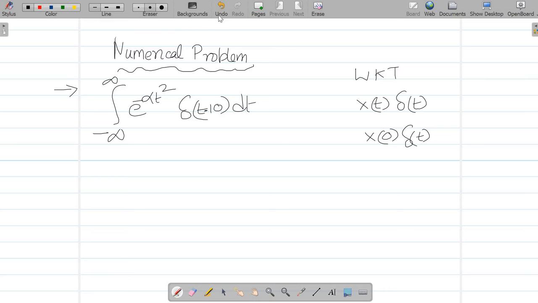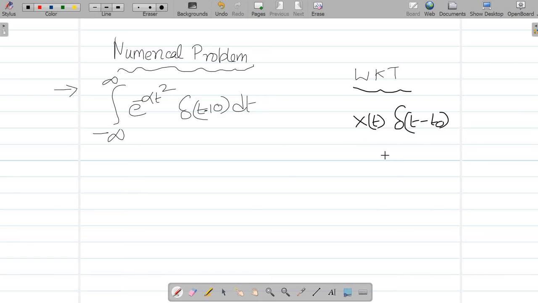Okay, so let us take the generic case rather than taking the specific case. So when you take the generic case, it is x of t into delta t minus t naught. Now when x of t is multiplied by delta t minus t naught, this becomes x of t naught into delta t minus t naught.